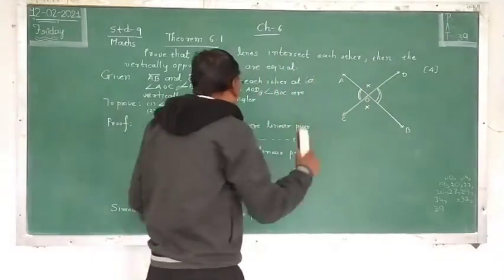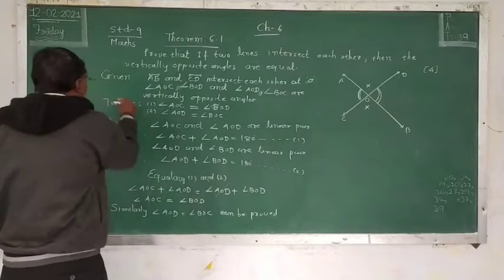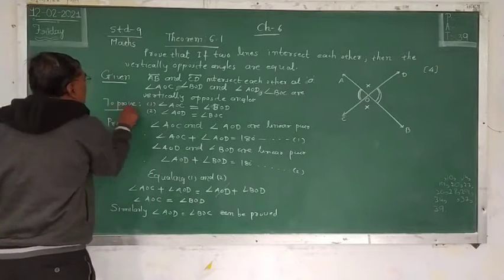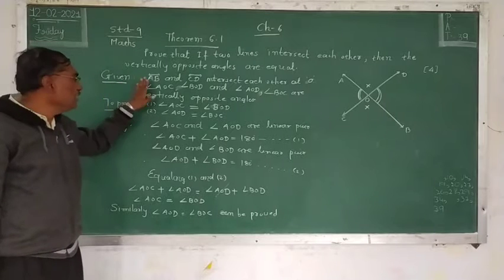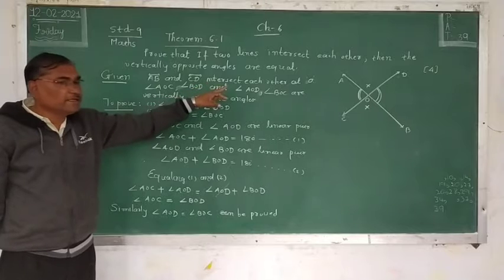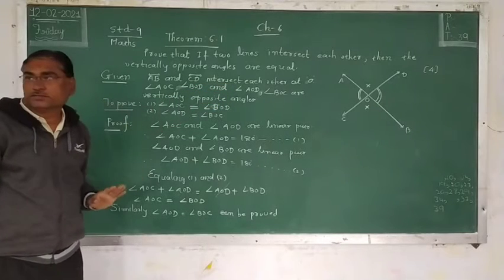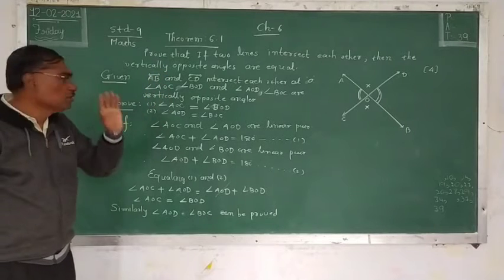Now from the figure we can write first given, then to prove, and then proof. Given: line AB and line CD intersect each other at O, then four angles are formed.